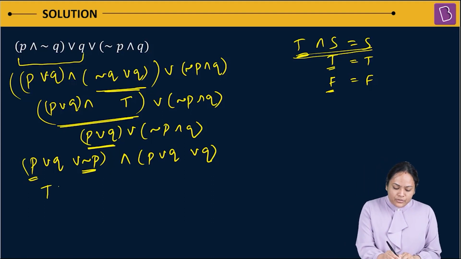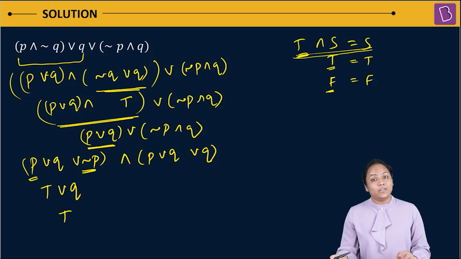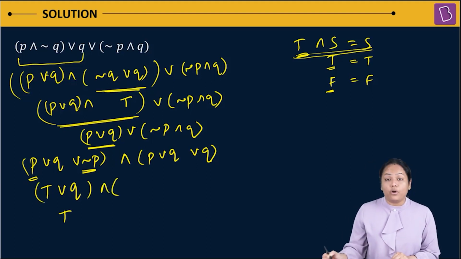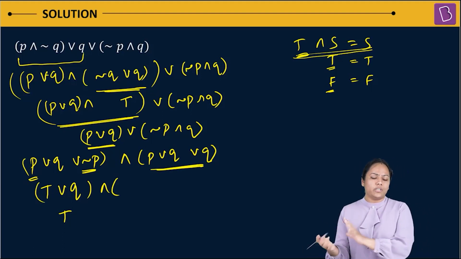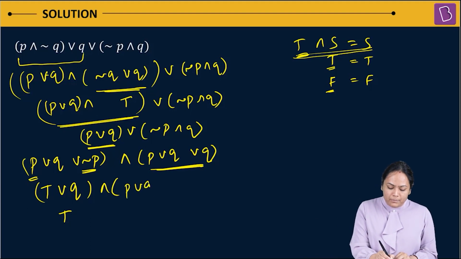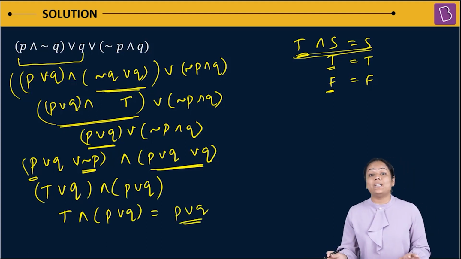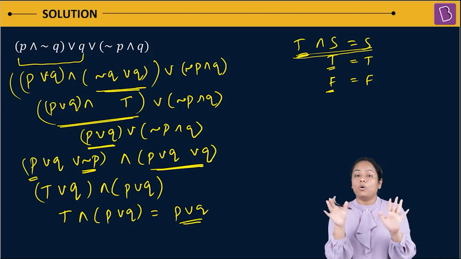And if I take true, T or Q, it's definitely going to give me T. Perfect. So I'm left here with and what do I have in this bracket? I have P or Q, so that is going to give me P or Q only. And when I take T and with P or Q, we have just seen that it is equal to P or Q itself. So the final equivalent statement will become P or Q.